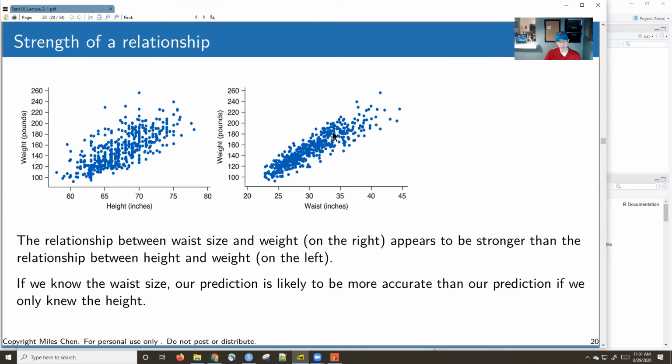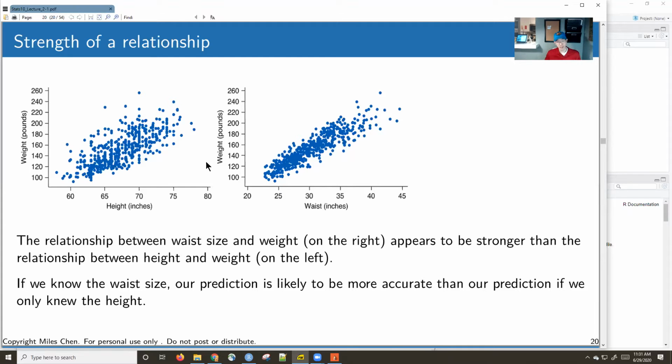And here there's less scatter, and therefore we would say the relationship between waist size and weight appears to be stronger than the relationship between height and weight, okay? So there's more scatter, so this is a weaker relationship, less scatter, indicating a stronger relationship, okay? And if we had to make a prediction for weight, knowing someone's waist size, we're likely to make a slightly more accurate prediction than if we knew their height, okay?